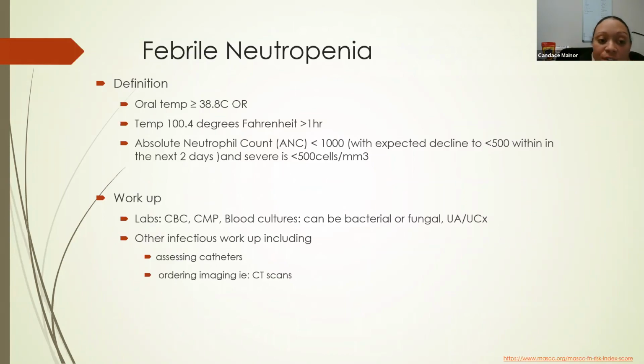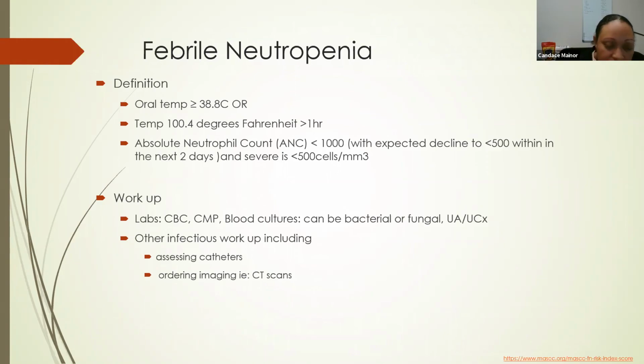The definition of febrile neutropenia is patients who have an oral temperature greater than 38.3, or a temperature greater than 100.4 degrees Fahrenheit for greater than 1 hour, in the setting of having an absolute neutrophil count of less than 1,000, with expected decline to less than 500 within the next 2 days. Or patients may have already a neutrophil count less than 500.